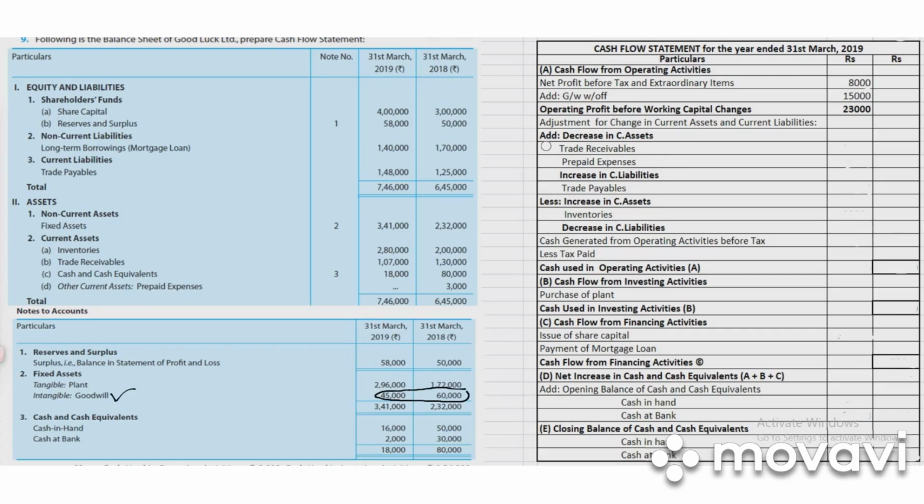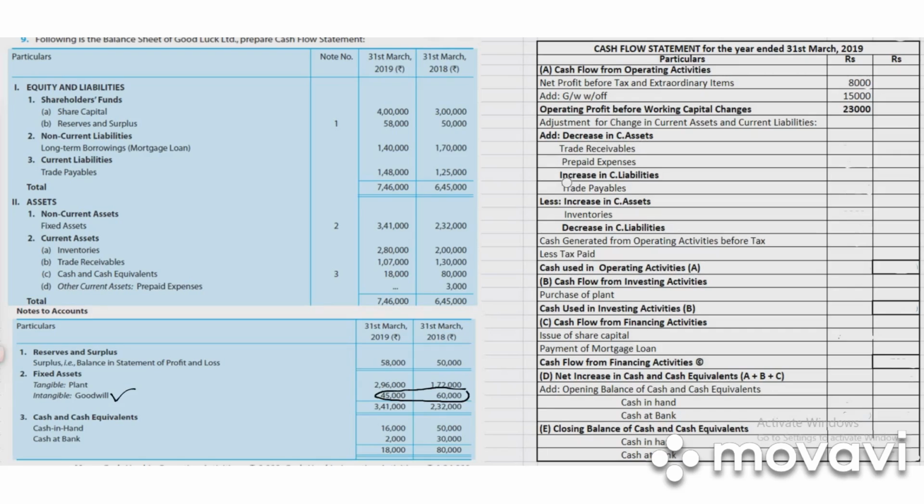So here you simply follow the format. Whatever decrease in current asset is there, you have to add. Along with that, whatever increase in current liability, that also you will have to add. So for addition, there is decrease in current asset and increase in current liabilities. Both have to be added.